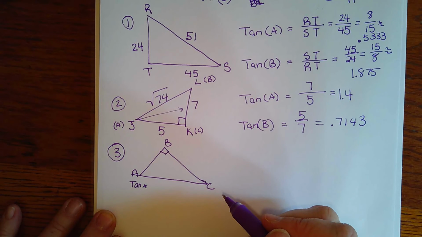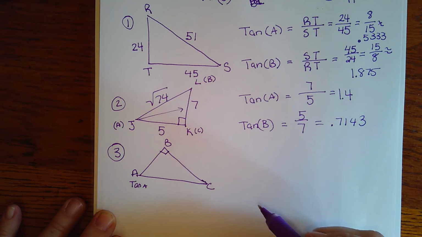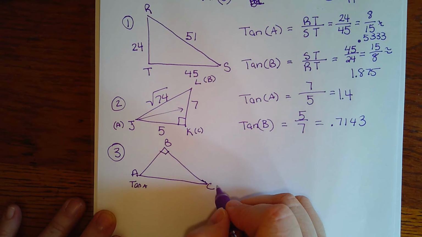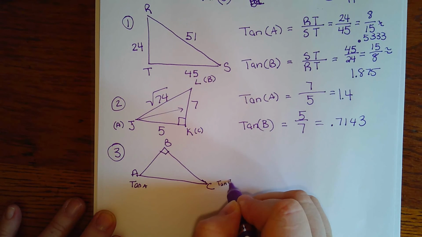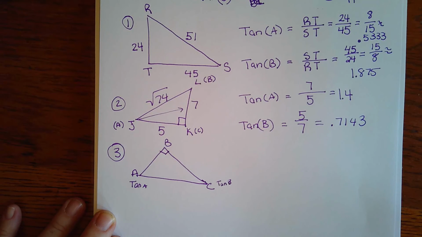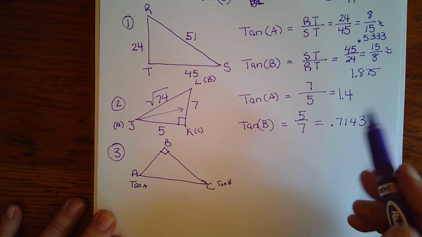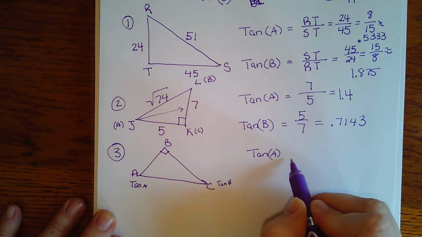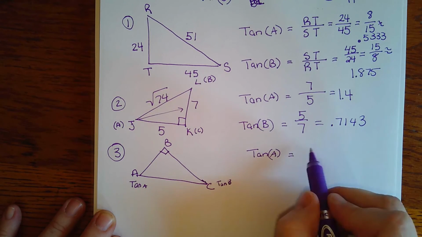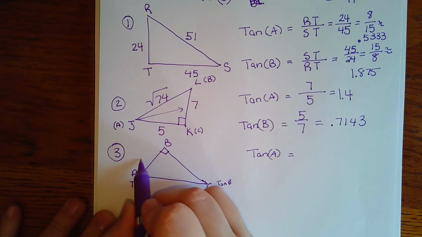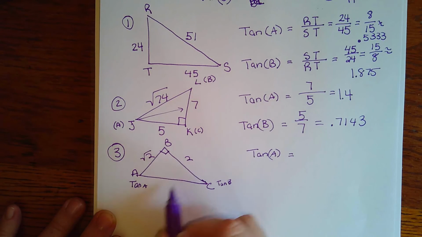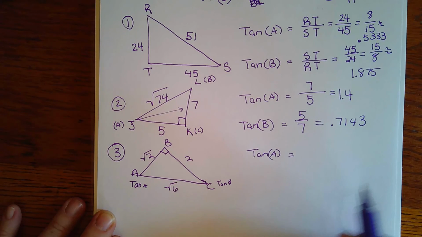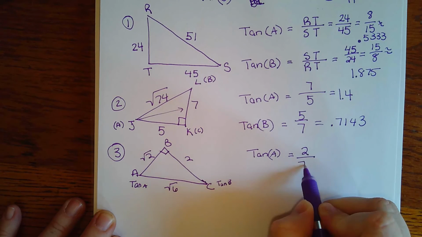So if this is my A, my C and B are flipped around in a sense, but we still know that we're going to keep this as my tan B when I come around to it. So basically all we're doing is the same thing. I'm going to have tan A. So tan A is going to be, let's see, I've got to put my lengths, square root 2, 2, and square root 6. So I'm going to have 2 over square root 2.